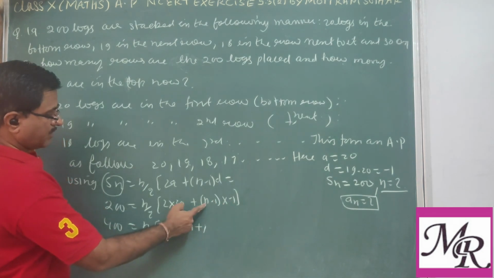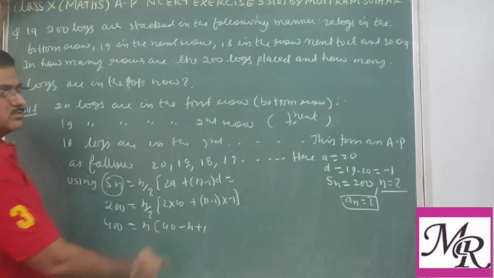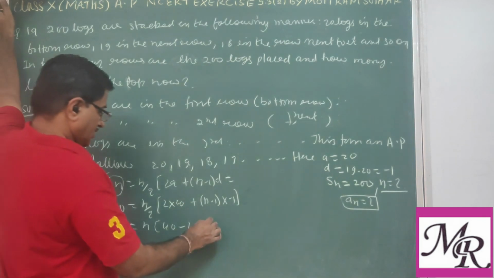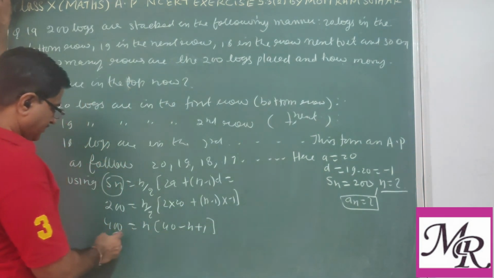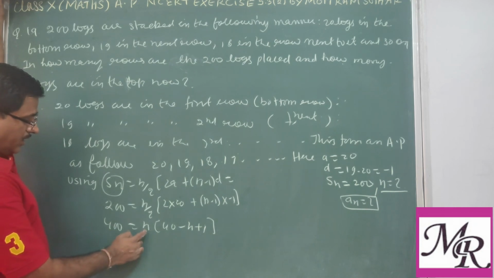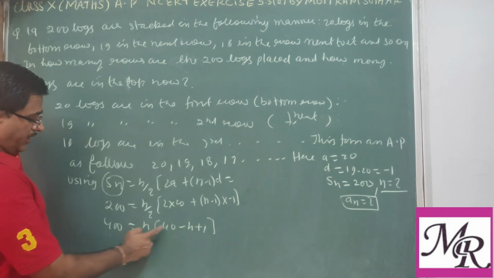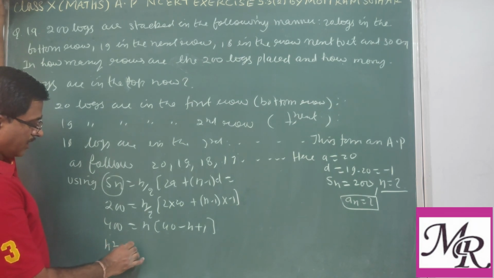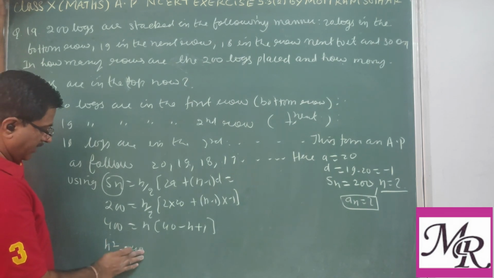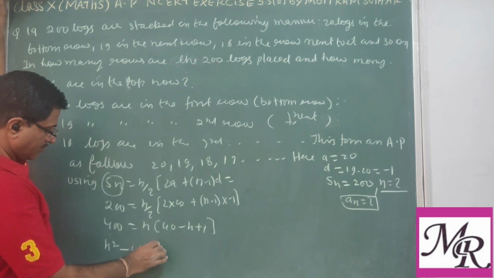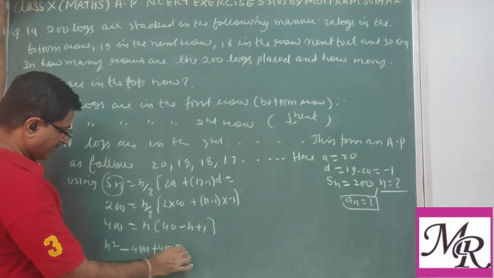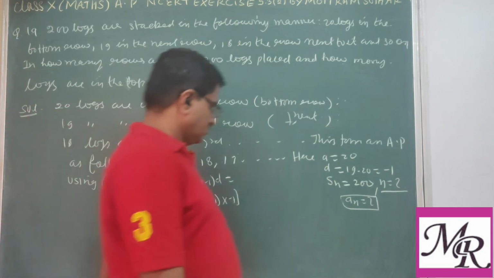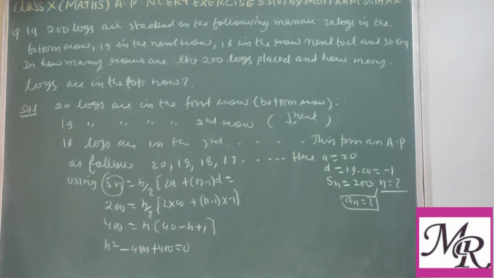You simplify, n into 41 minus n, and transferring to this side, we get n square minus 41n plus 400 equal to 0. So we get a quadratic equation.